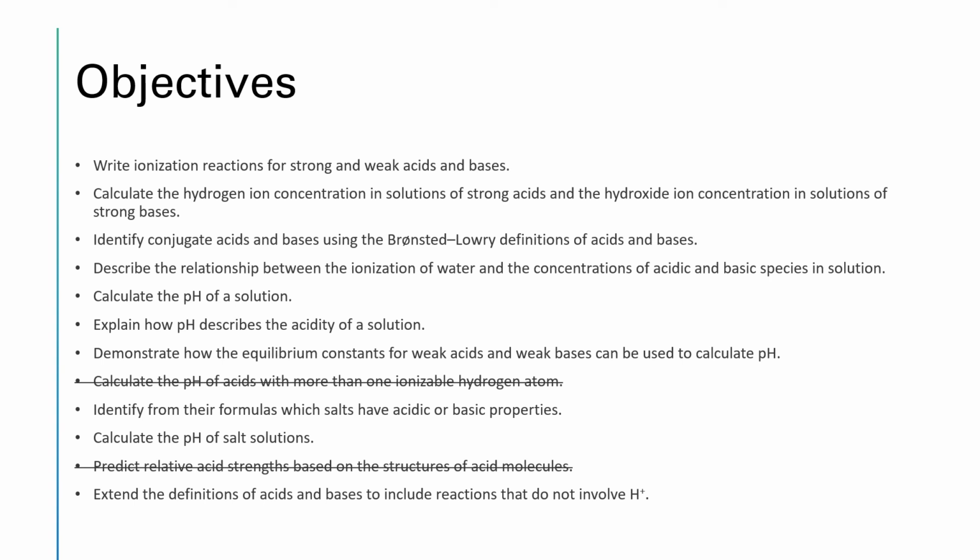We figured out how to calculate the pH of a solution. We looked at the equilibria that are established when weak acids and weak bases dissolve in water. And we looked qualitatively at the pH of salt solutions as well as numerically at finding the pH of a salt solution. And then finally, we took a little bit closer look at the Lewis definition to extend our idea of acids to include compounds that do not involve hydrogen ions.